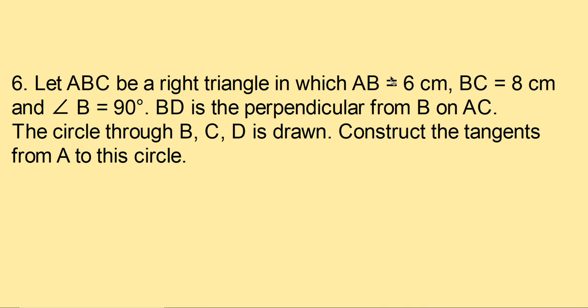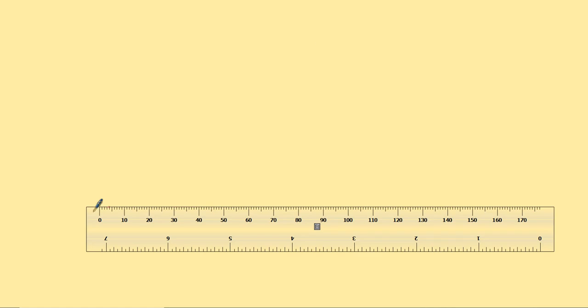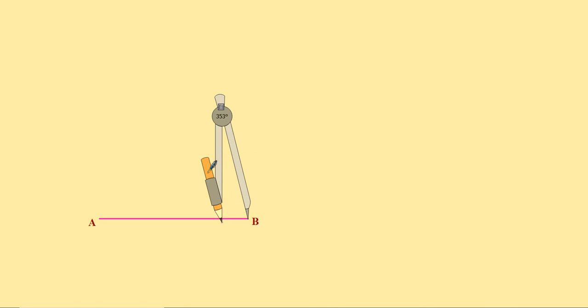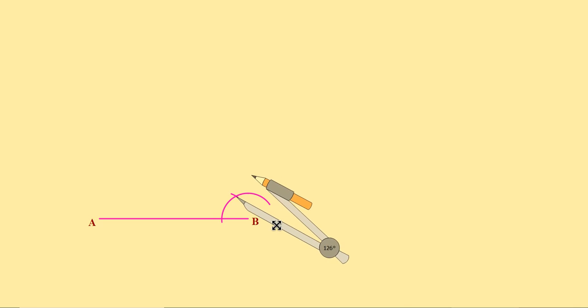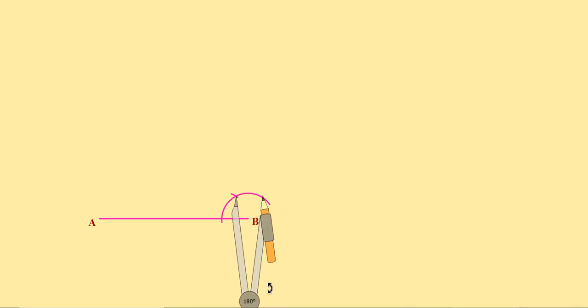First, draw a right angle triangle ABC with AB 6 cm and BC 8 cm, right angle at B. Draw AB equal to 6 cm. Now draw angle B equal to 90 degree.